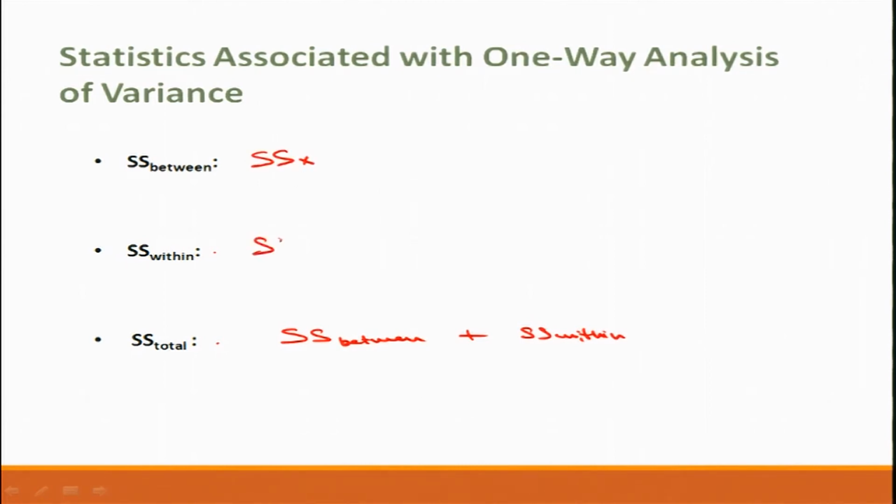SS within is also denoted by SS error. So, we call them around groups, and this is among groups.